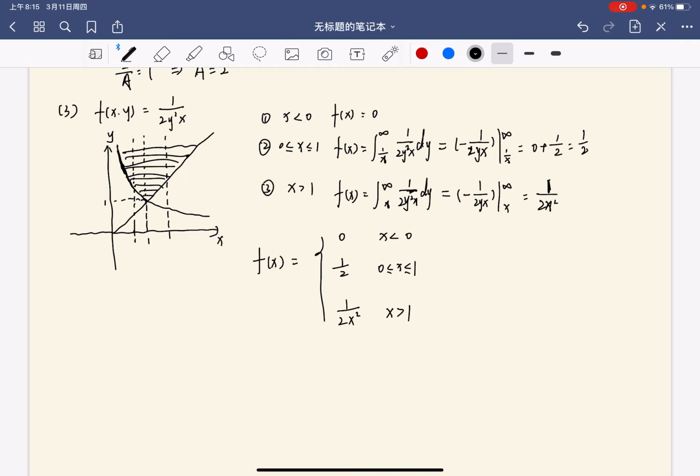And so we can draw the figure of f(x), and the figure should be 1 divided by 2.